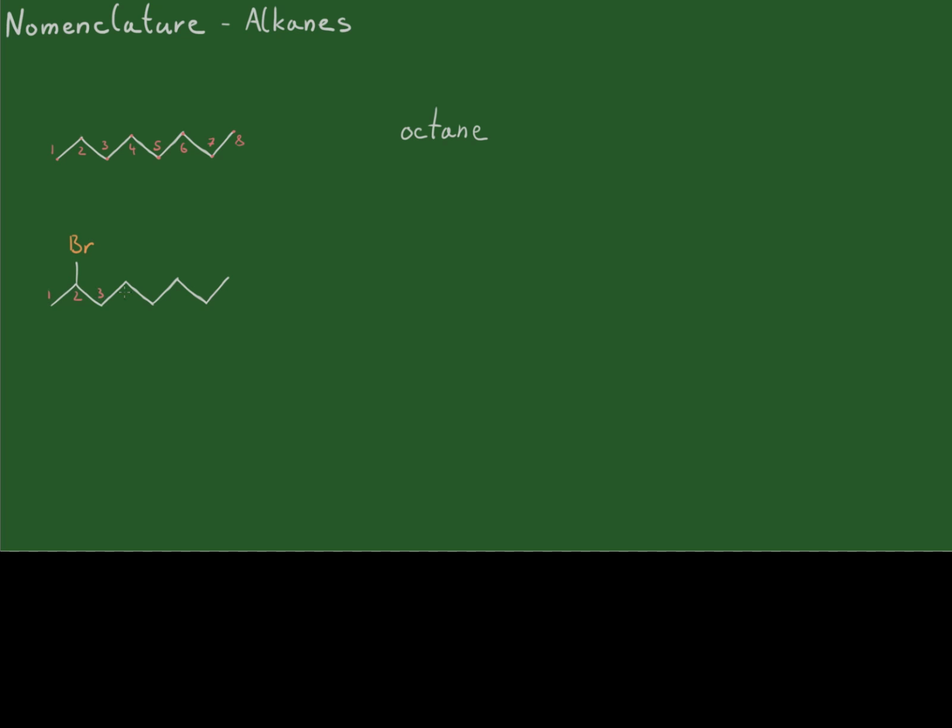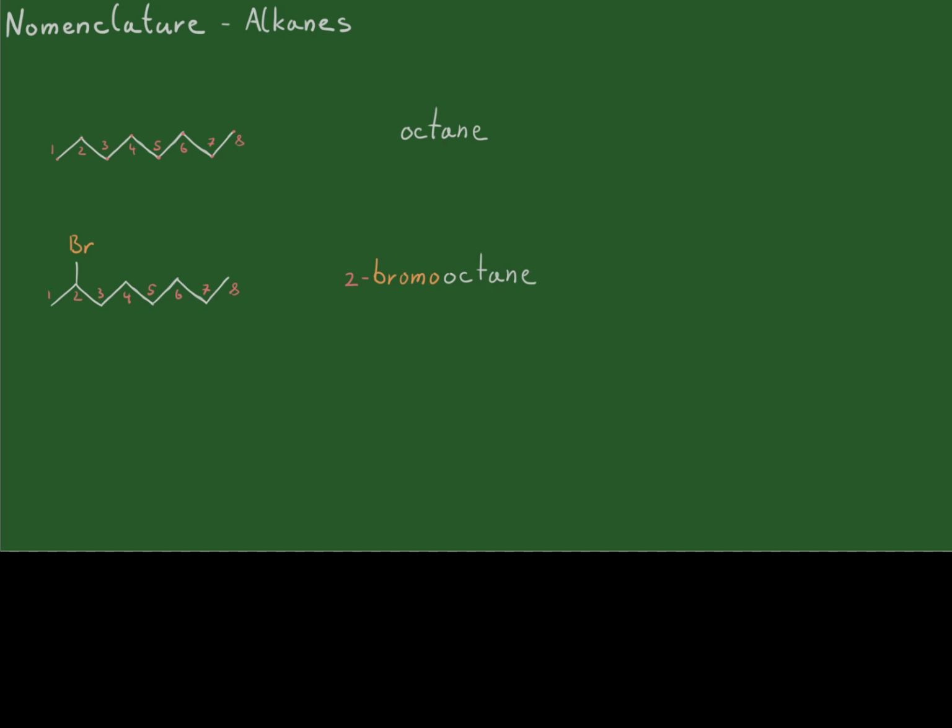Once again, we number the carbons, and then we can say that carbon number 2 has a bromo substituent or a bromo group attached to it. So it's 2-bromo, and the longest chain has 8 carbons, so it's 2-bromo octane.